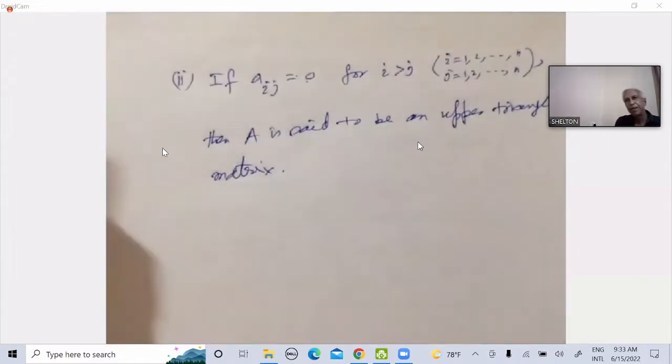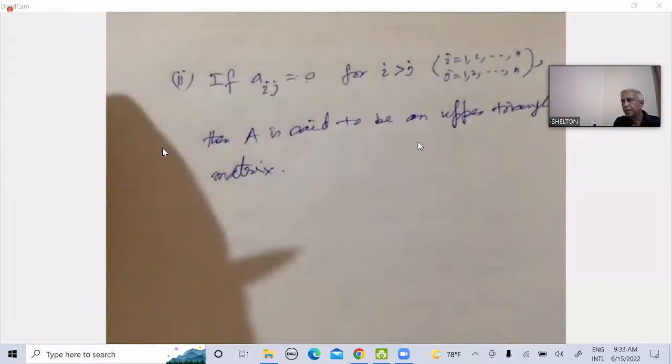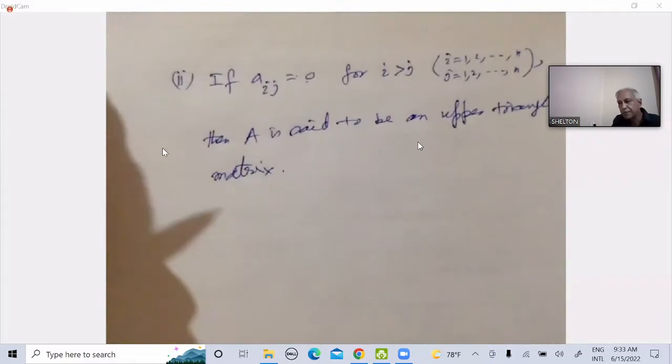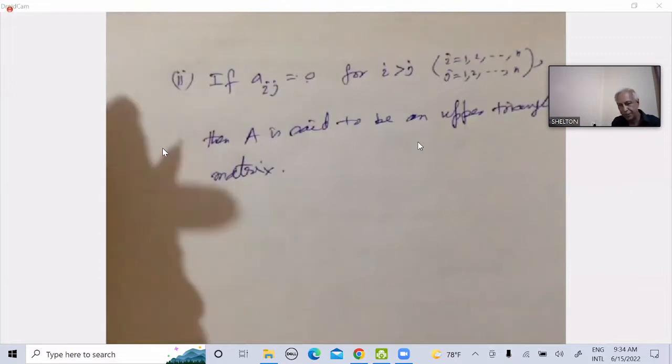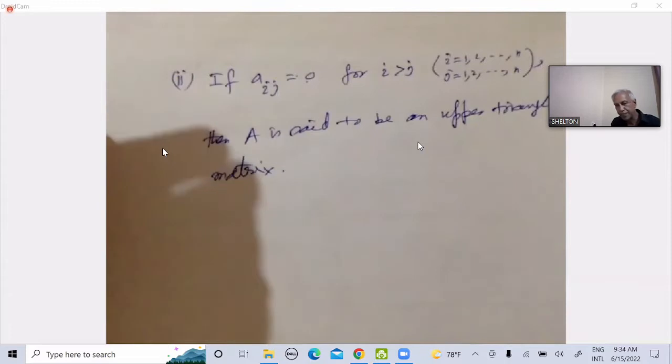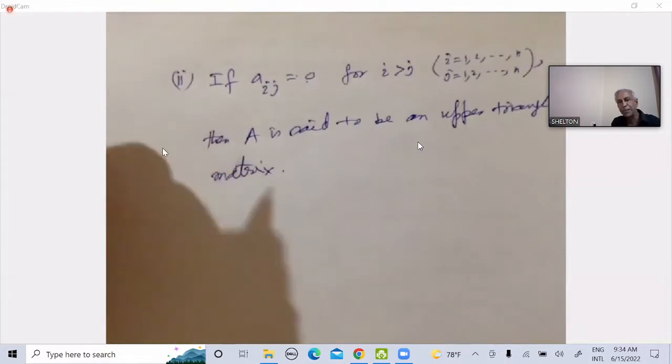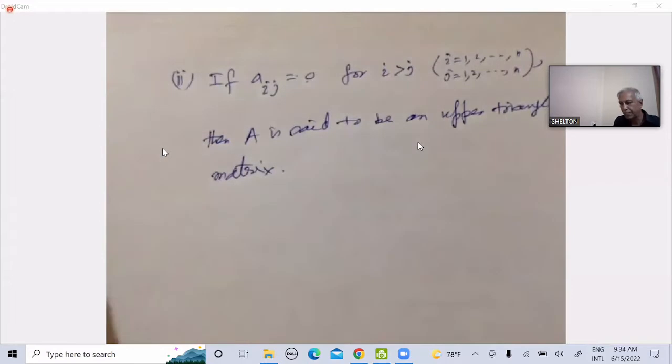Now, we defined multiplication of matrices. So we now know how to add matrices, subtract, multiply by a constant, and multiply two matrices. Not any two matrices can be multiplied, but under compatibility conditions, we can do those operations.